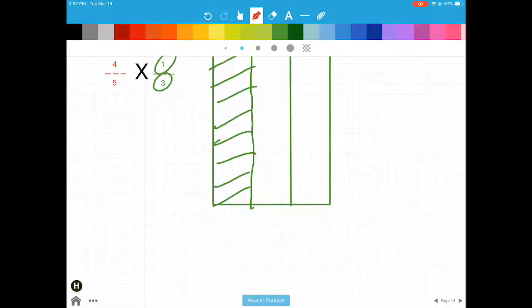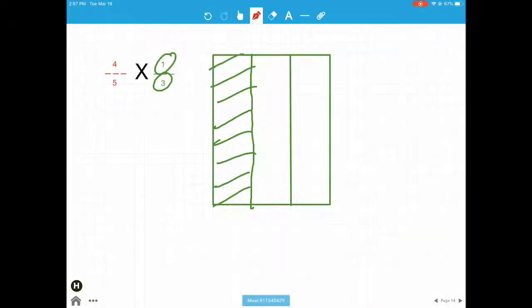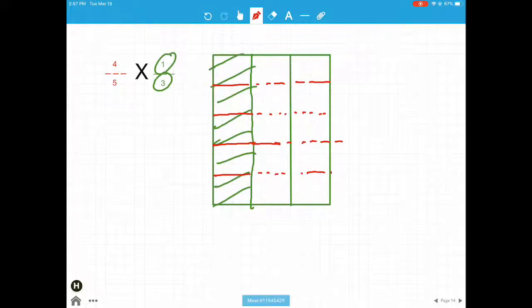Now, I've done this already, but you also can see there's no real relationship between the 4 and the 3, as in 4 cannot be divided by 3. Okay? All right, so now we have fifths, and then we're going to shade in 4 of them.